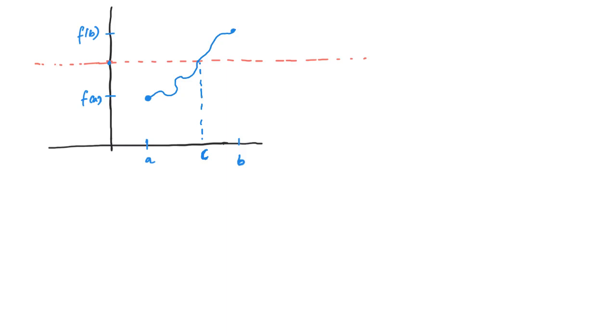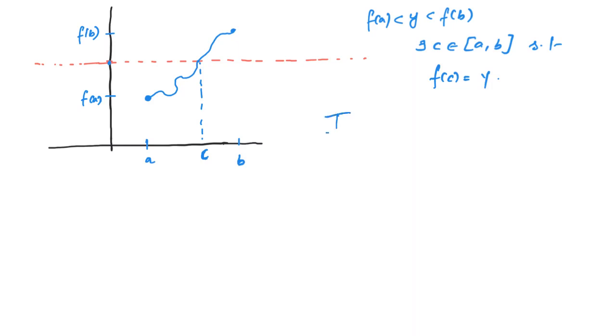Okay, so if you take a y which is less than f of B and greater than f of A, there exists a C belonging to A comma B such that f of C is equal to y. And this property is called the intermediate value property. We will often abbreviate this as IVP.